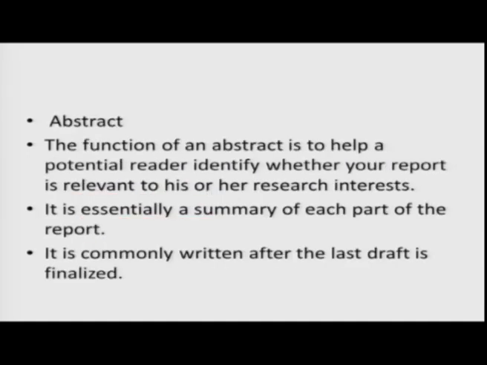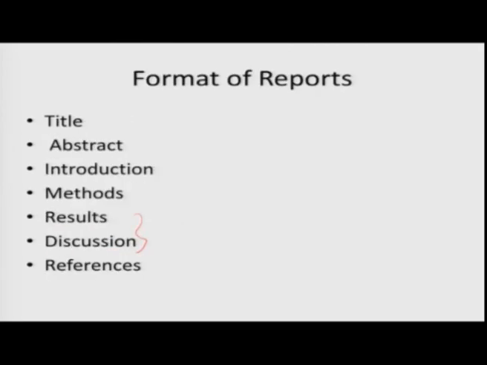Second is the abstract. The function of an abstract is to help a potential reader identify whether your report is relevant to his or her research interests. The abstract is actually like a summary. It captures main points of each part of your report. You have an introduction section where you introduce the field, you briefly review research, and then you talk about your methodology, then your results and discussion.